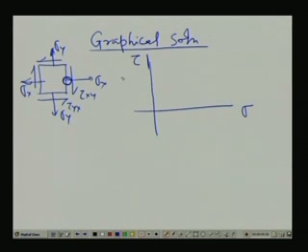First you plot the values for this one. What is this one? Sigma x positive and tau xy positive, because it is creating this clockwise. So, this is the positive.